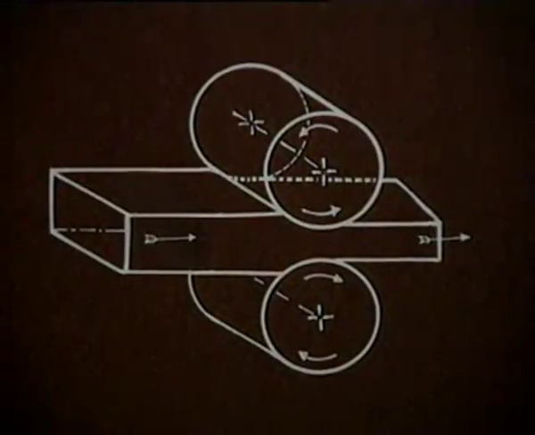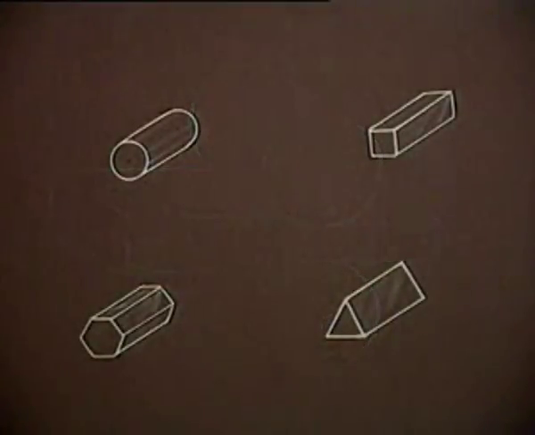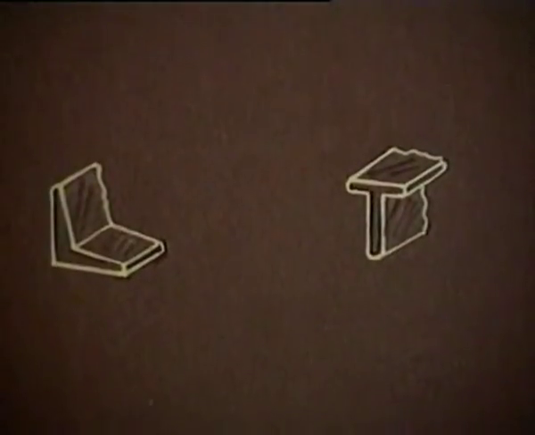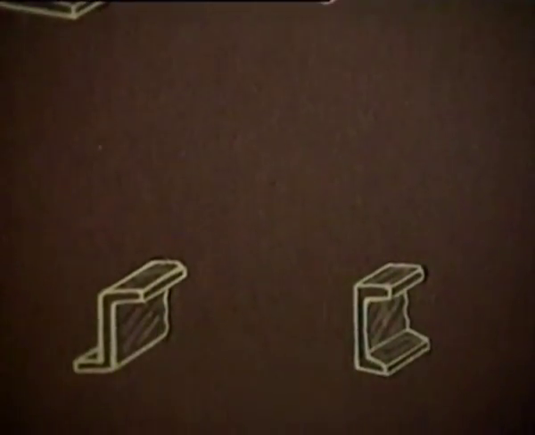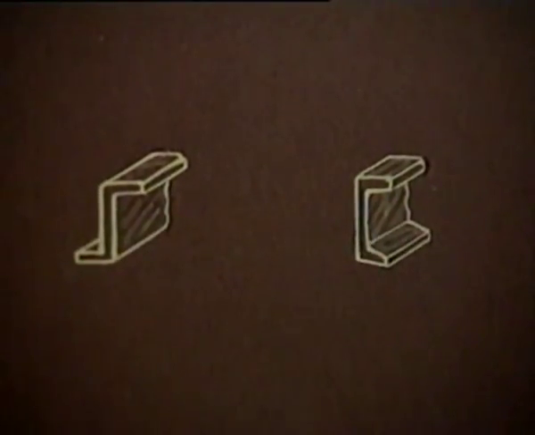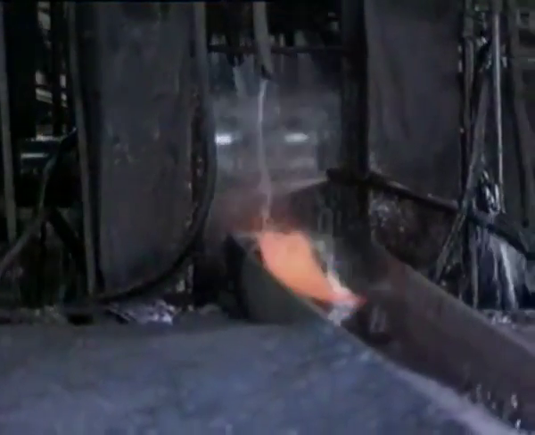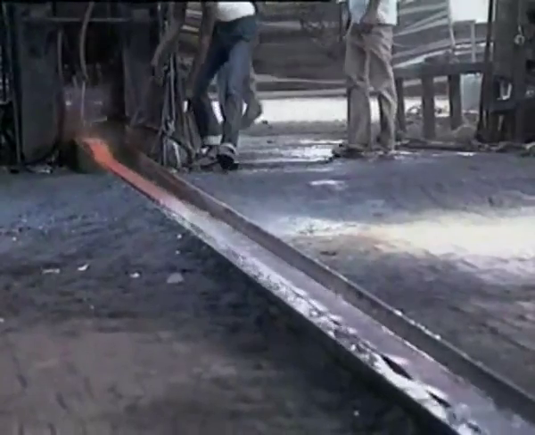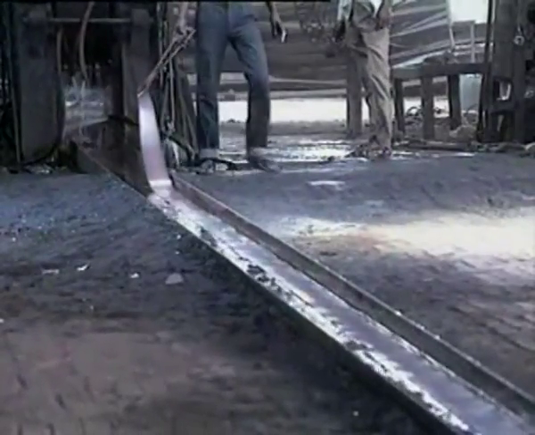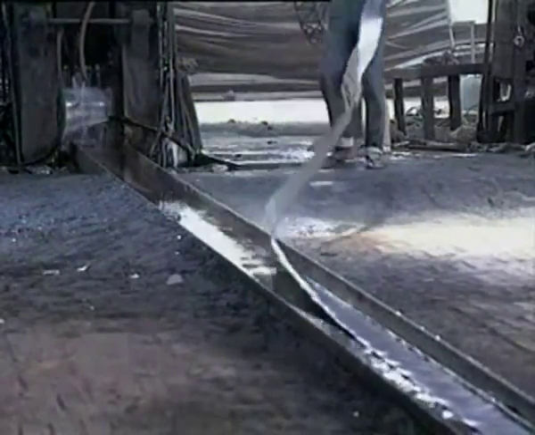By this process, we can produce products like bars of different cross sections, steel for constructional work. Flat products like plates and sheets of various thickness can also be produced by this process.